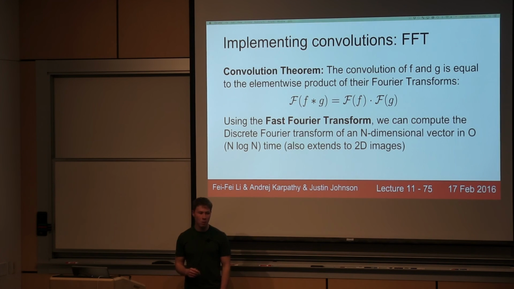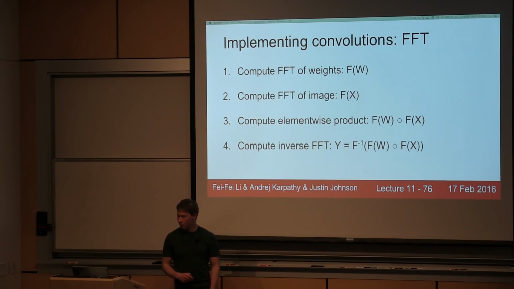You might also remember from a signal processing class or an algorithms class that there's this amazing thing called the fast Fourier transform that lets us compute Fourier transforms and inverse Fourier transforms really, really fast. There are versions of this in 1D and 2D, and they're all really fast. So we can apply this trick to convolutions.